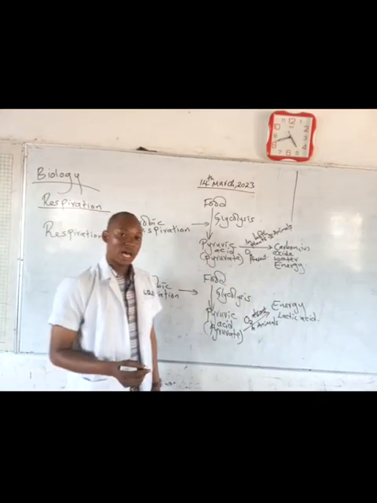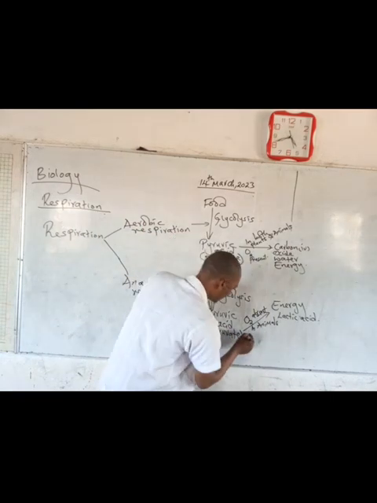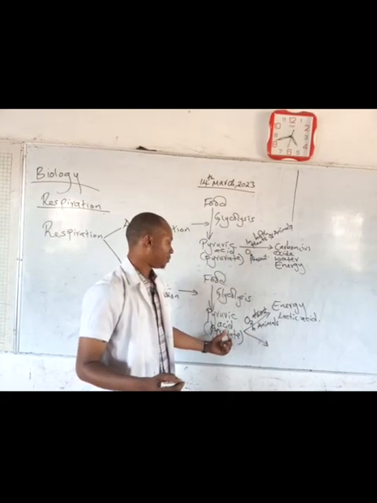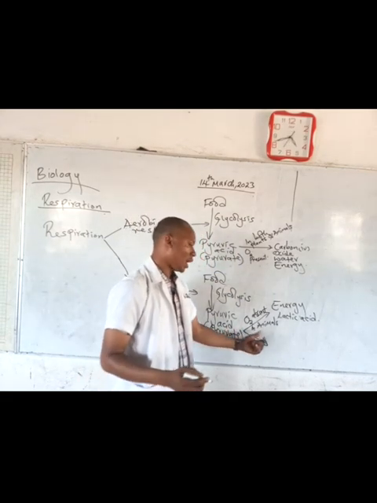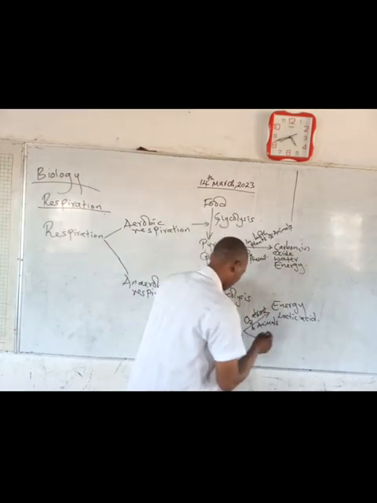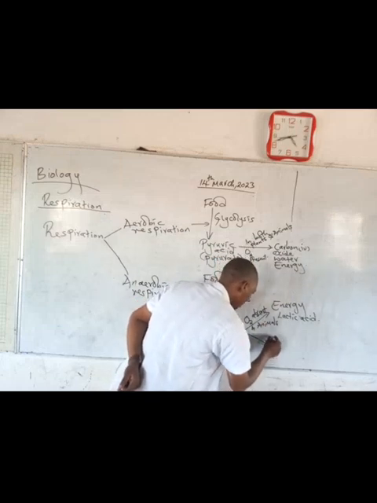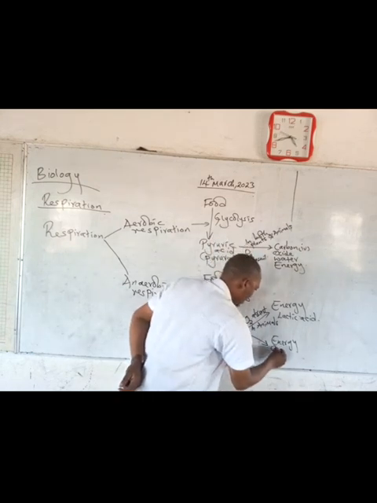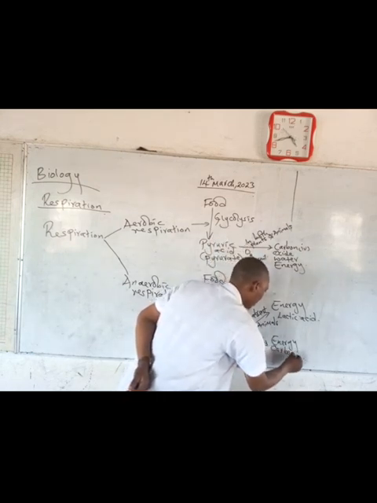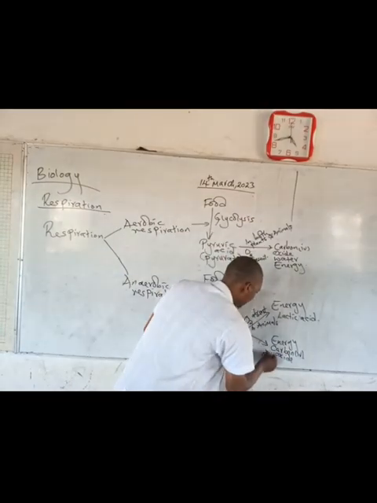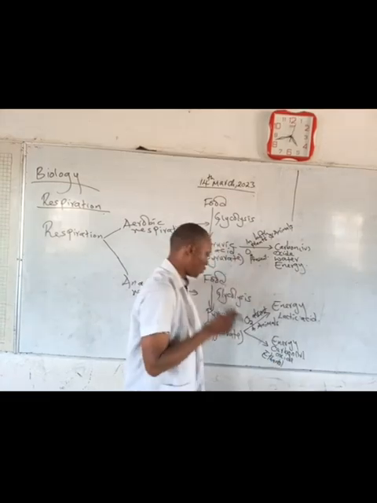What happens in plants is that the pyruvic acid will be broken down into three substances. The first one will be energy, the second one will be carbon dioxide, and the last one will be ethanol.